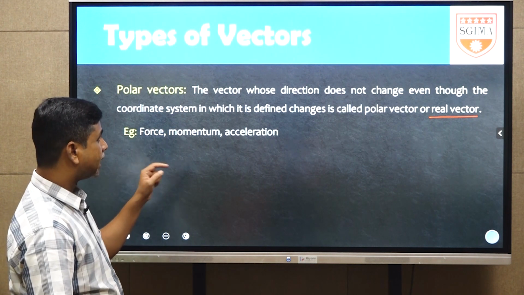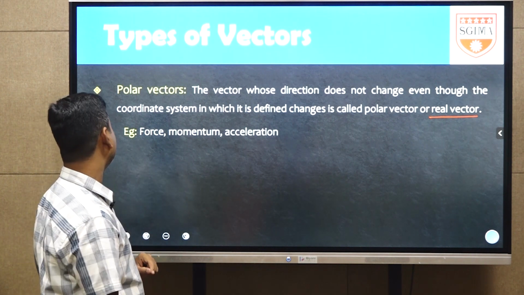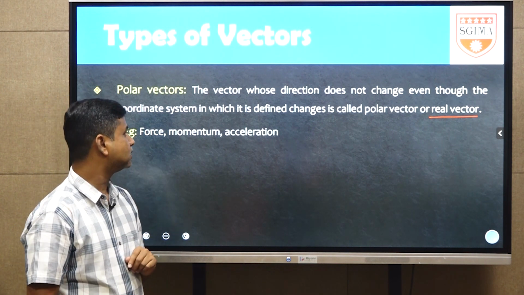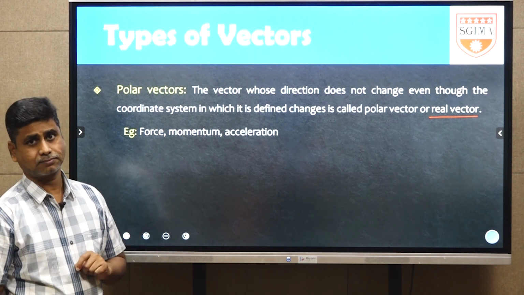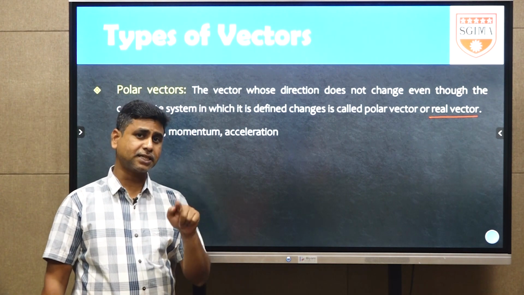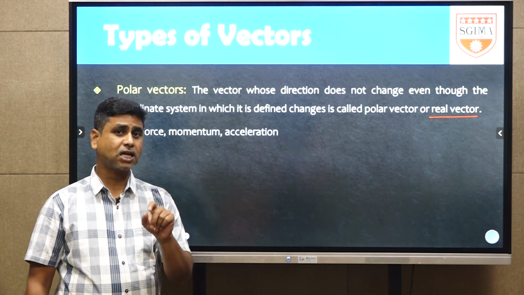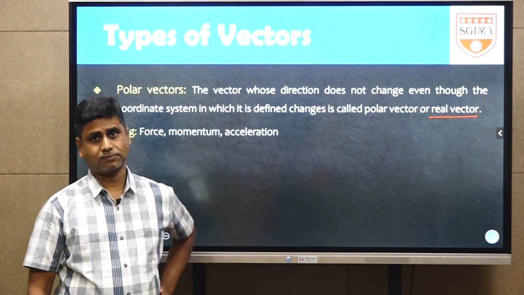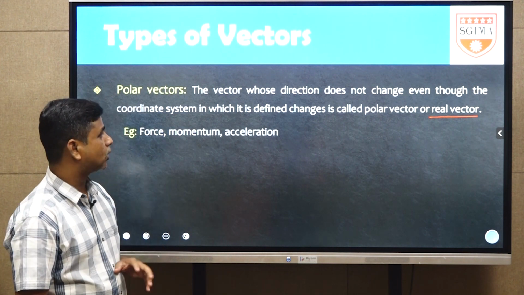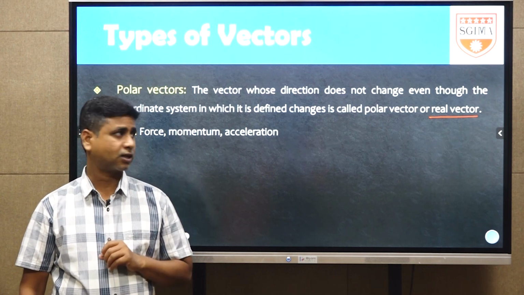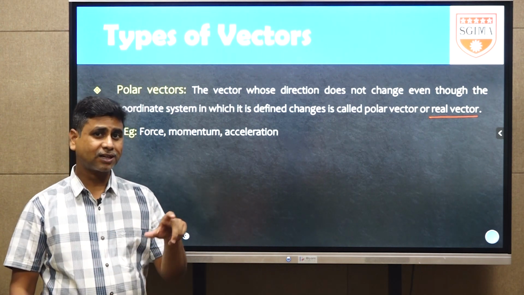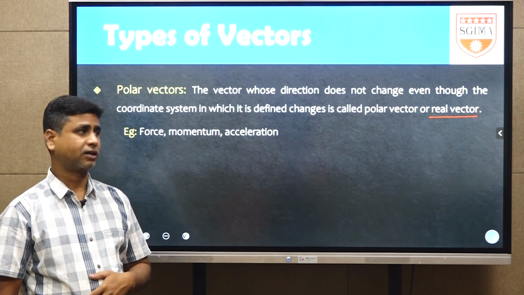Even if the coordinate system changes, the direction of the given vector does not change. Then the vector is called a polar vector, or a real vector.